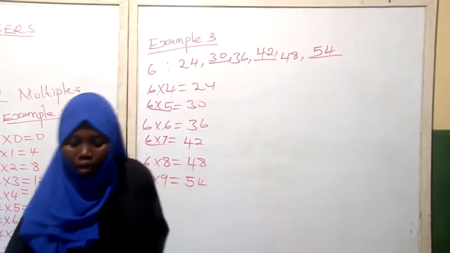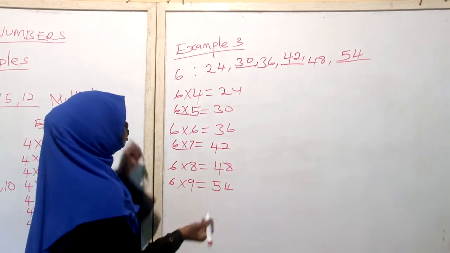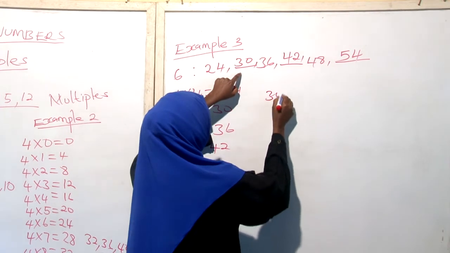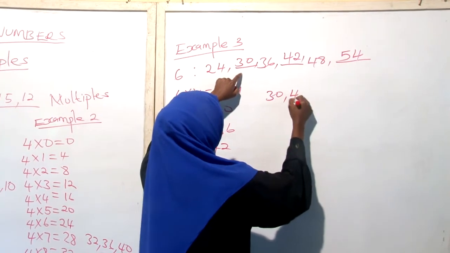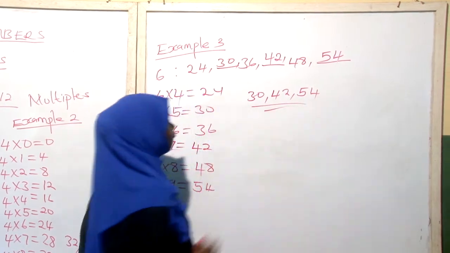So coming back to our question, the missing multiples will be 30, 42, and 54. Hope it's clear.